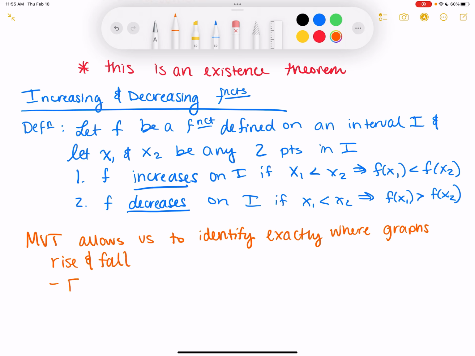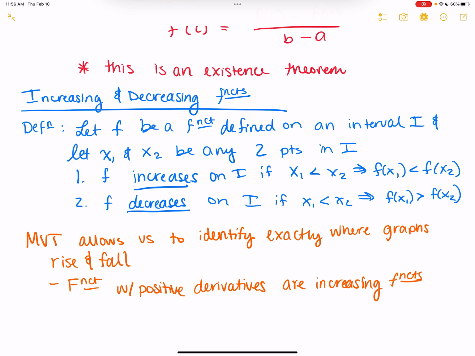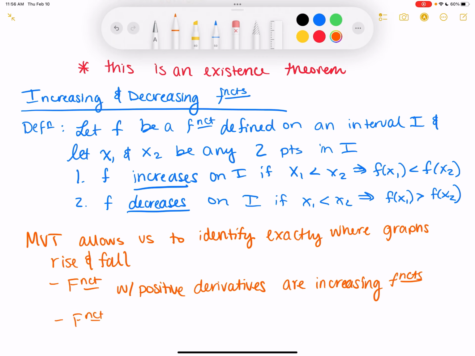So a function with positive derivatives are increasing functions. And then a function with a negative derivative are decreasing functions. Which obviously just kind of makes sense.